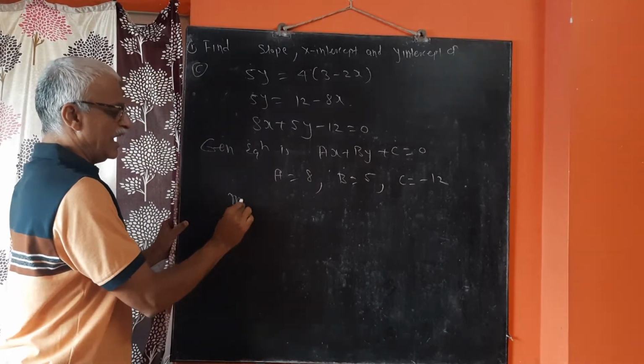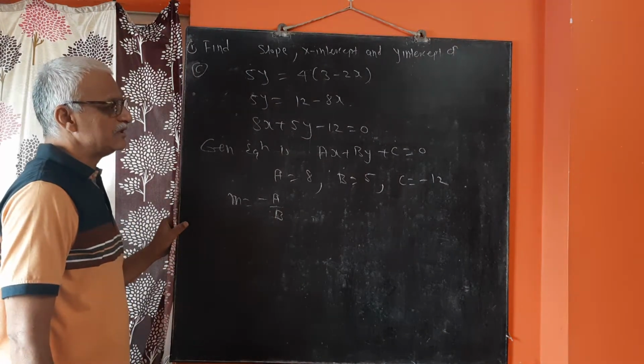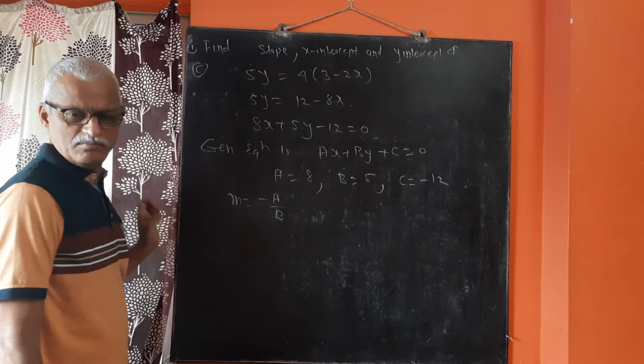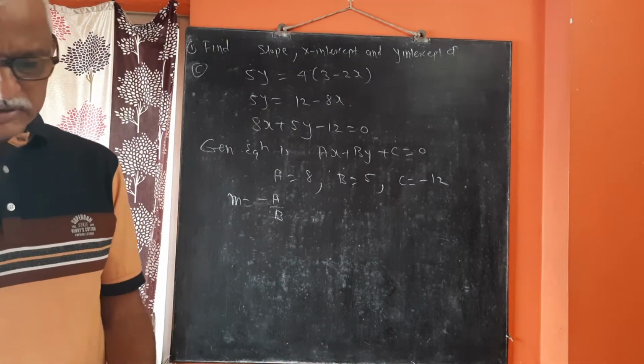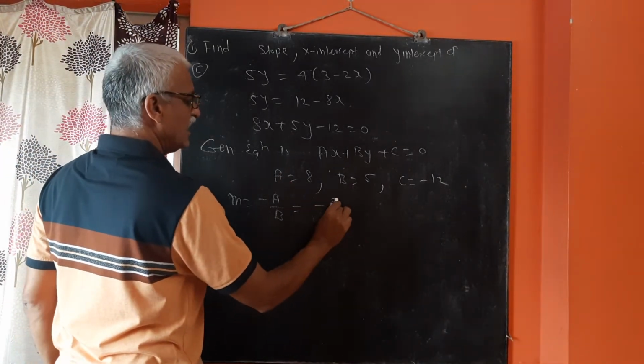Slope m equals minus a upon b. Now minus a upon b is equal to minus 8 upon 5.